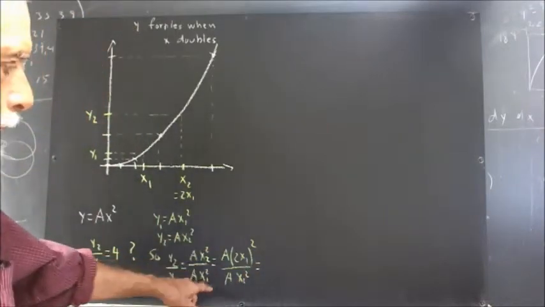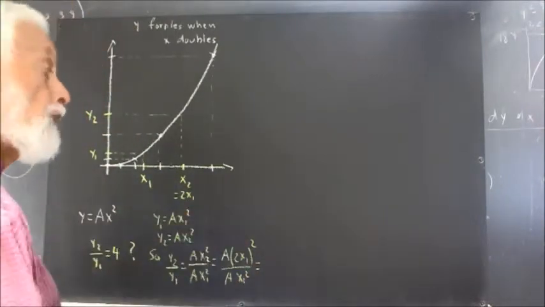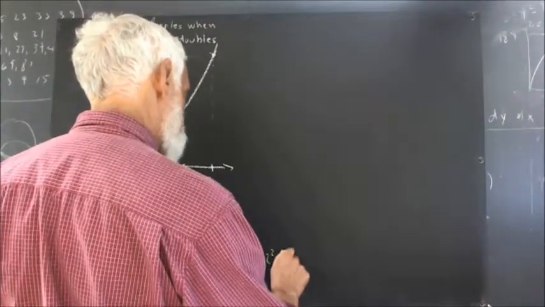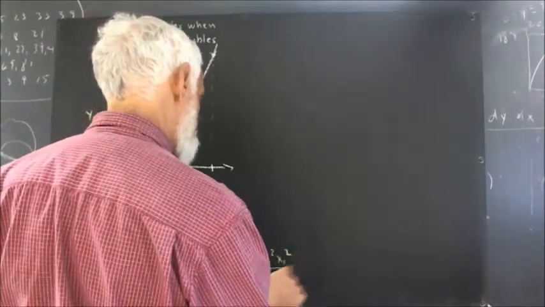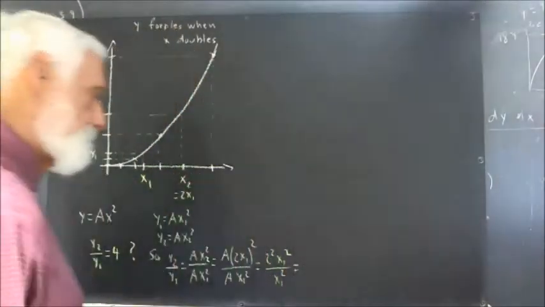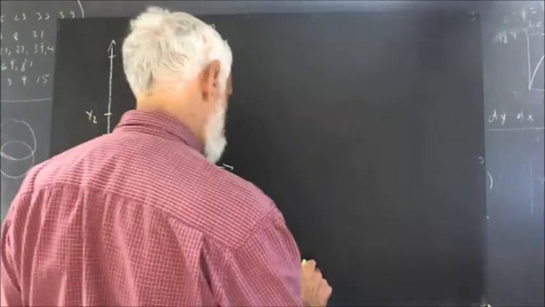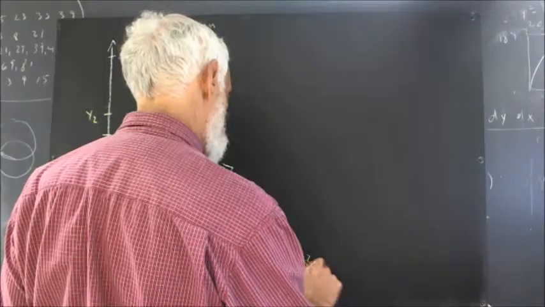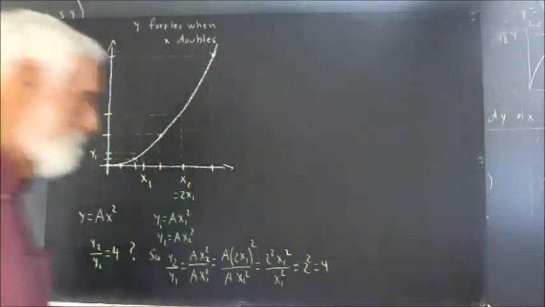The a's divide out. 2x1 quantity squared is 2 squared x1 squared over x1 squared, equals just plain old 2 squared, which is 4.